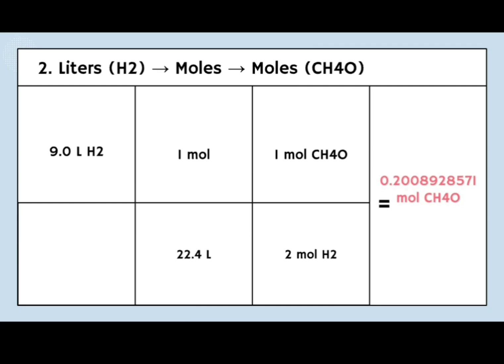So you're dividing the 9.0 liters by the 22.4 liters, and you're multiplying by half, and then you get 0.200892857 moles of methanol. As you can see, this answer specifically has the least amount of moles, so we'll be using this to convert from moles to grams for methanol.